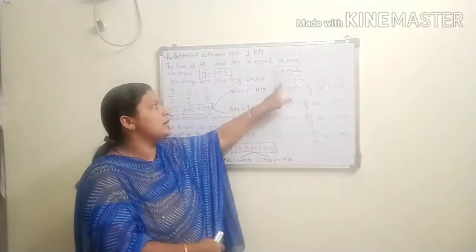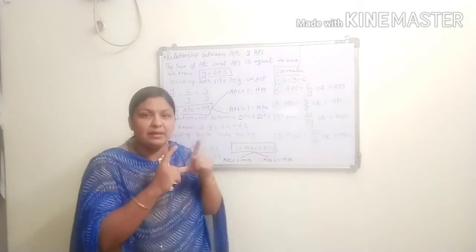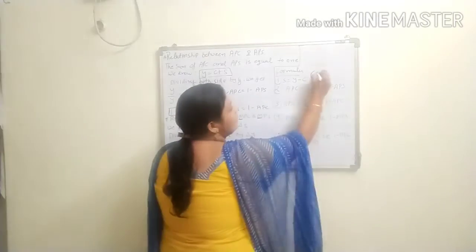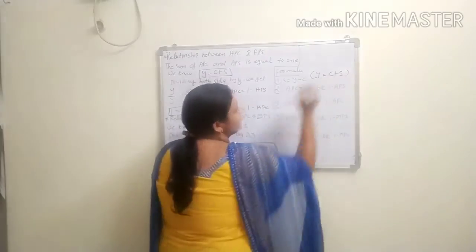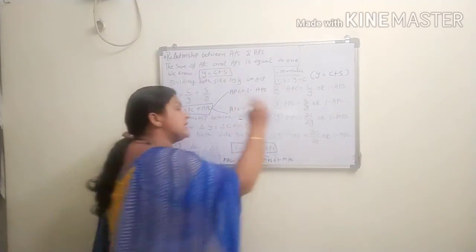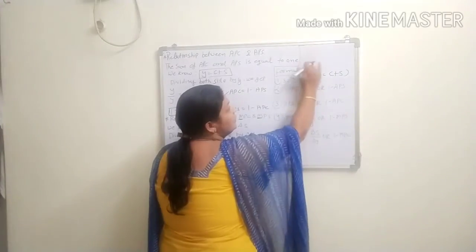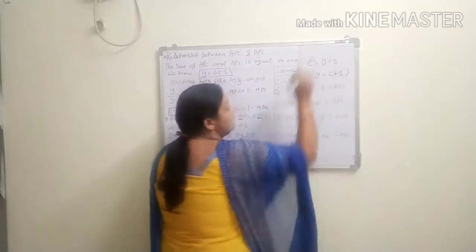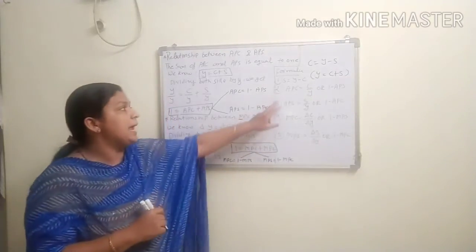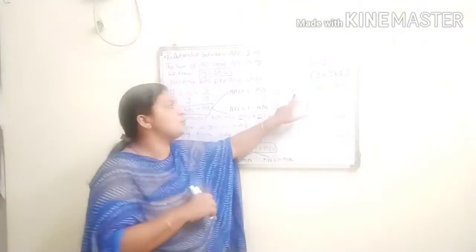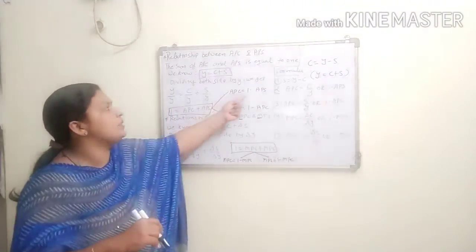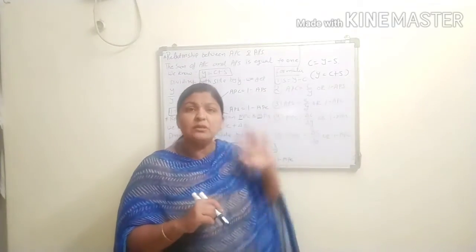First formula: S, the saving. S equals Y minus C. How is it derived? Because Y equals C plus S. Clear? So S equals Y minus C, and similarly C equals Y minus S. Now the second formula, APC, average propensity to consume, is C upon Y. But we already proved that APC equals 1 minus APS also.